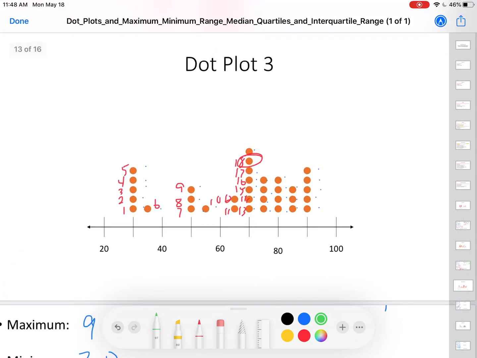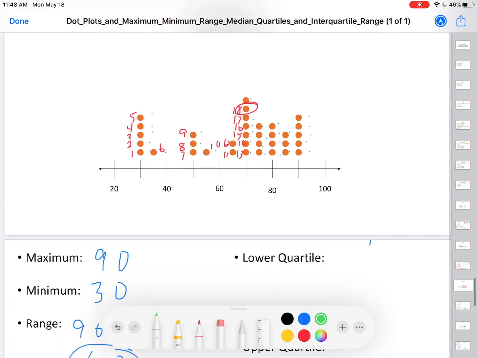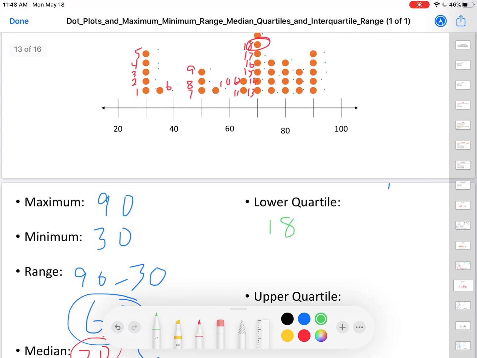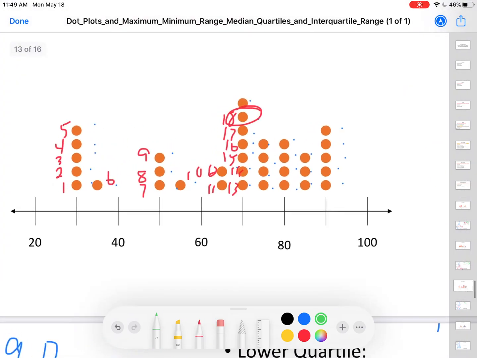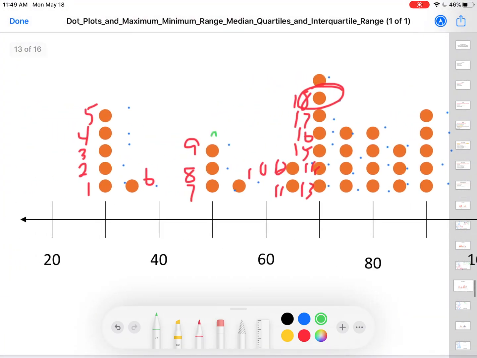Okay. Plot number 3. All right. This is circled. So we have to find the middle of, we'll include that one. Including that one, there are 18 dots. 18 is an even number, so I will do 18 divided by 2 is 9. I want the 9th and the 10th dots. Okay, here's the 9th dot.